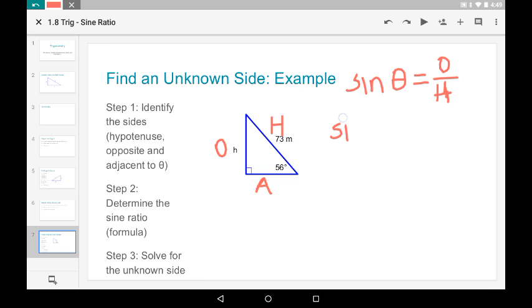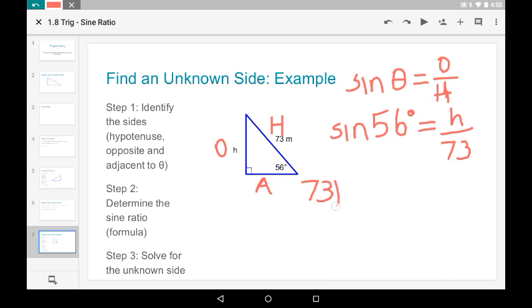Sine of 56 degrees is equal to, the opposite we don't know, but it was called side h for height, over the hypotenuse was 73. Rearrange this, so you're going to multiply both sides by 73 to isolate h.